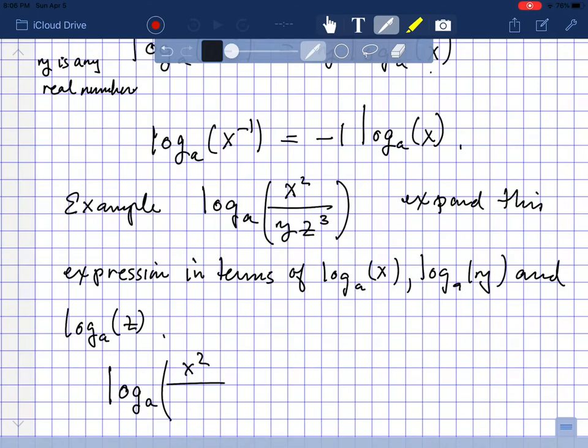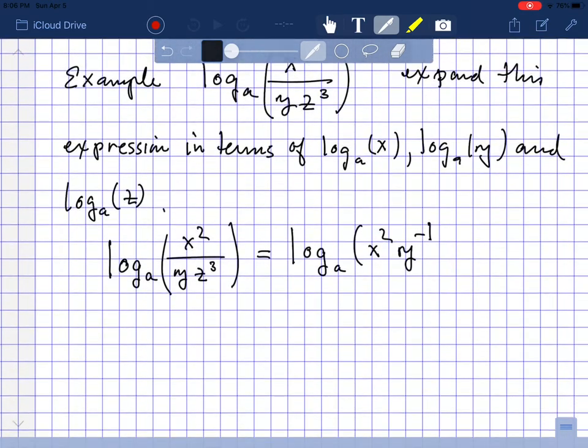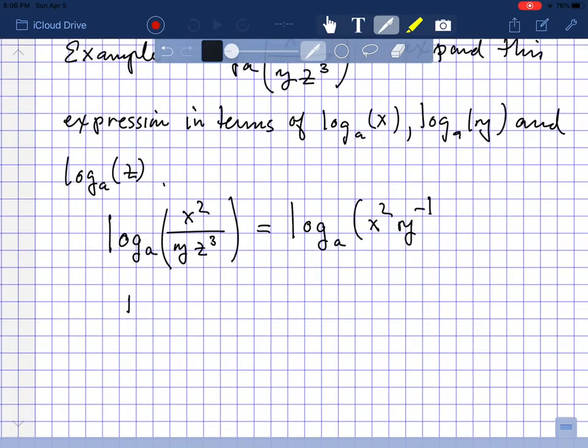What I'm going to do is the following. I'm going to write the log base a of x squared divided by y times z cubed as the log base a of x squared. Now, 1 divided by y can be written as y to the negative 1 power, right?